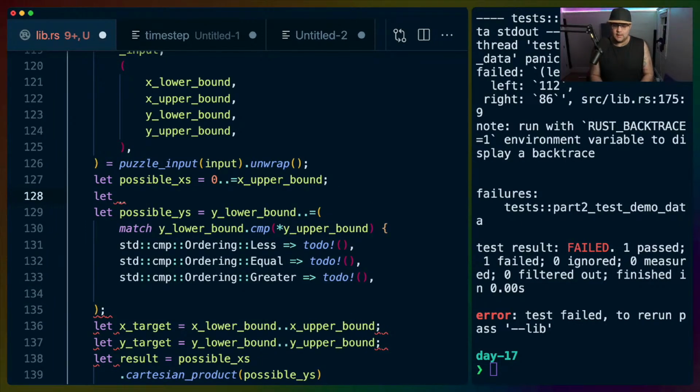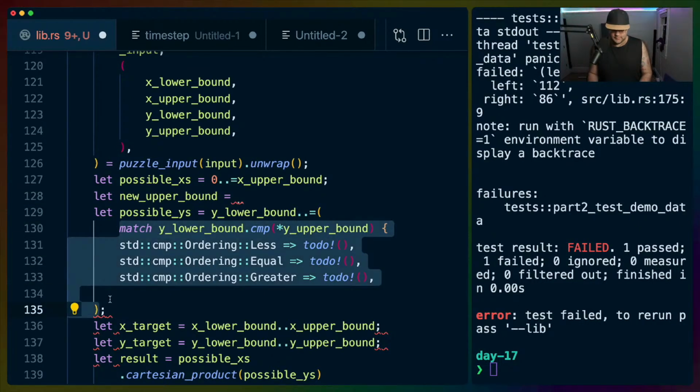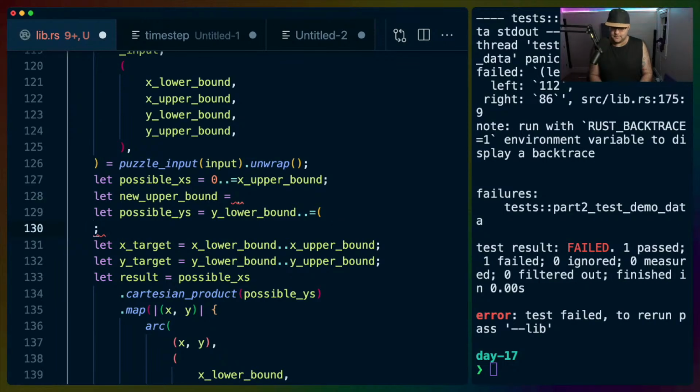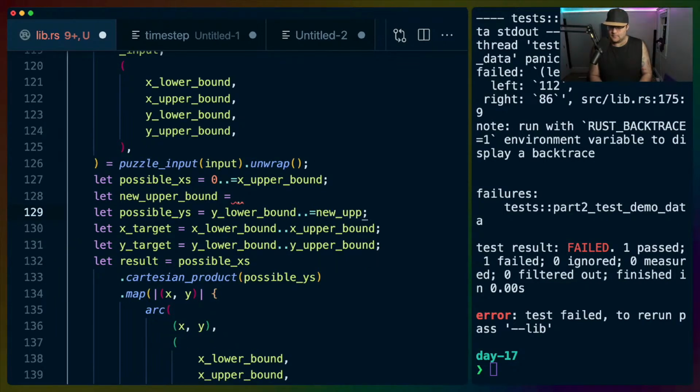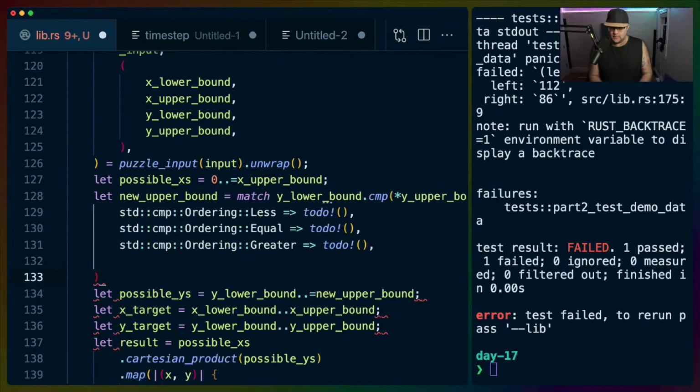Let's do new upper bound equals this. Right?